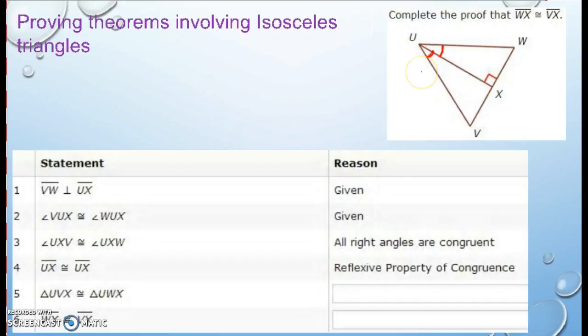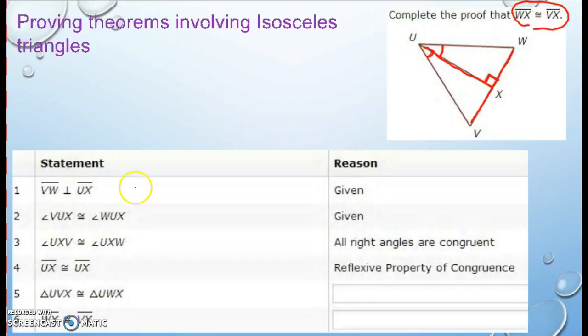That's given on the diagram. We are also given that this segment here, VW, is perpendicular to XU by that right angle symbol. And our goal is to show that WX is congruent to VX. So let's see how this proof works.